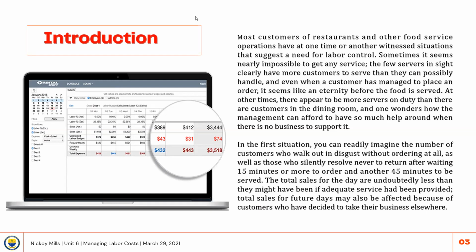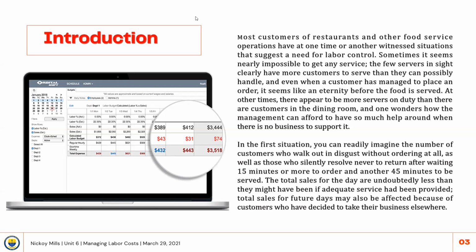Clearly, there is a need to manage staffing levels and control payroll costs to maximize sales while minimizing costs. Labor cost control is an attempt to maximize efficiency from staff without compromising standards of operating performance.